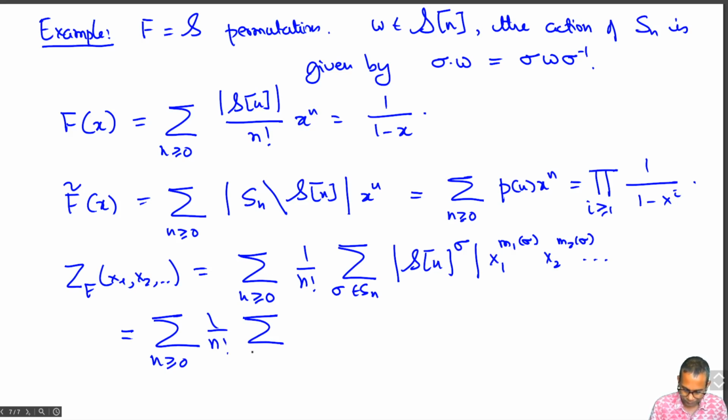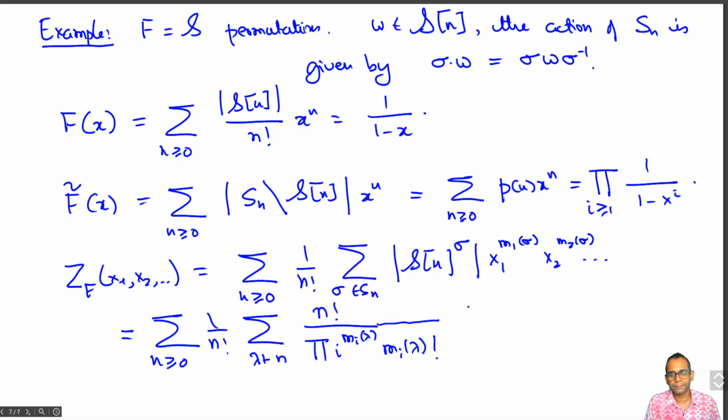So we have lambda a partition of n, and then we know that if you have a permutation with cycle type lambda, well, how many are there? Its centralizer is of the form the product of i raised to mi of lambda, times mi of lambda factorial, where mi of lambda is the number of times i occurs in the partition lambda.